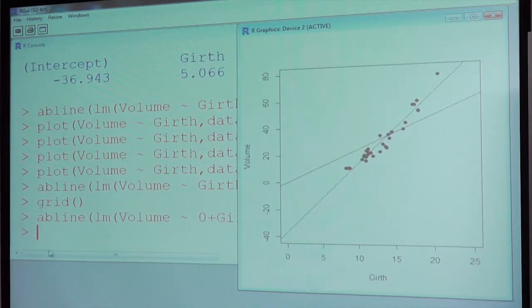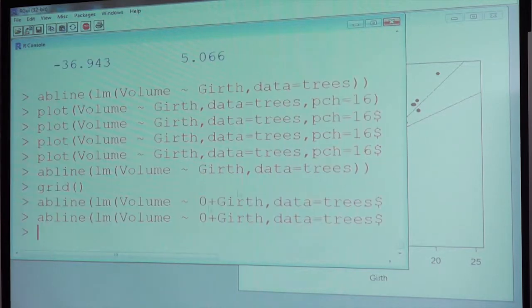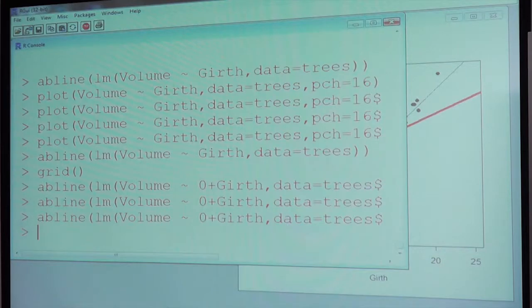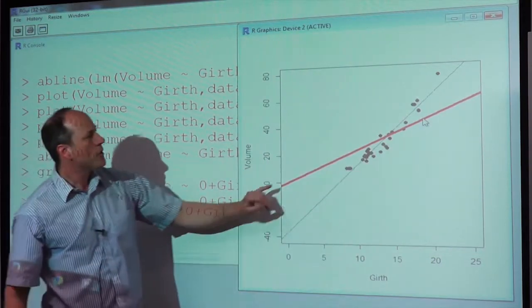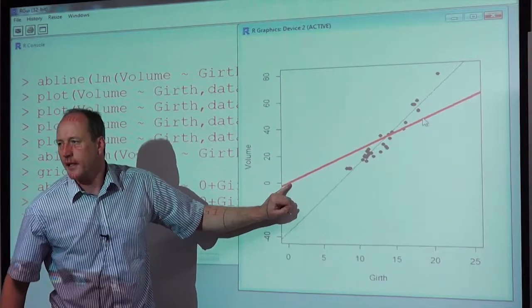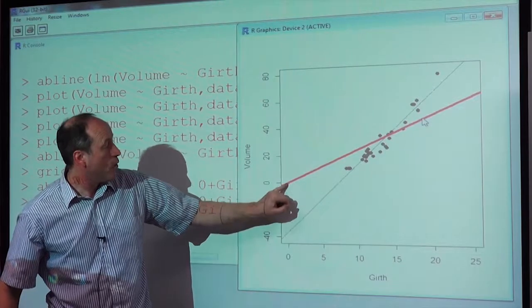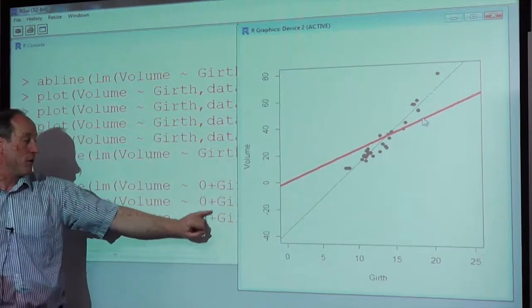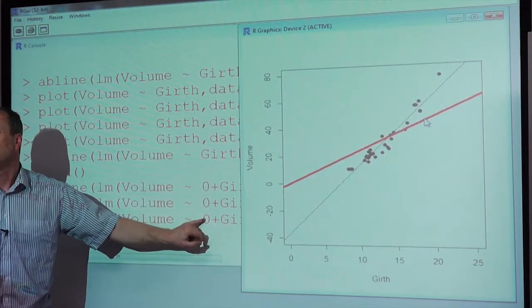I'll just make it a different colour. There we go. So now we've rescued it from predicting negative volumes, because at 0 girth, we've got a 0 volume now. Because I put this 0 plus terminology, it means don't have a constant, basically. You happy with that?